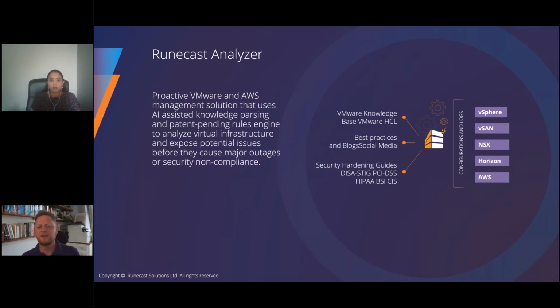Okay, so this slide is pretty similar to the previous one, so we'll just skip through this very quickly. Something to bear in mind, we're checking things like the VMware knowledge base, we're checking the hardware compatibility list. We're also checking a bunch of other sources of data as well, so things like blogs and social media. There was an issue with some of the servers in my home lab recently, and we were chatting on social media, and we discovered that we needed the vendor to provide a BIOS update in order to fix this.